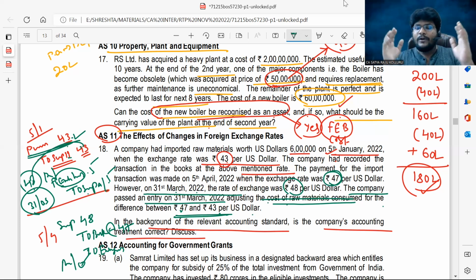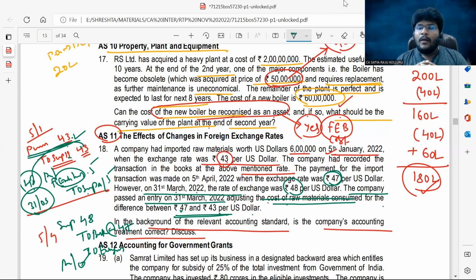Sir, then how can we draft the answer for that particular question? As per accounting standard 11, if an entity has entered into a foreign currency transaction related to a monetary item, we need to revise such monetary item as on the balance sheet date.